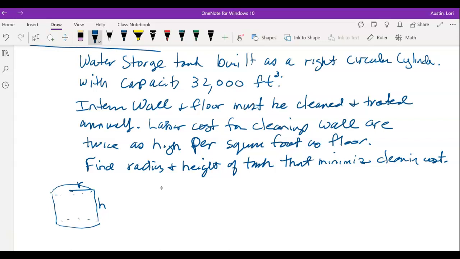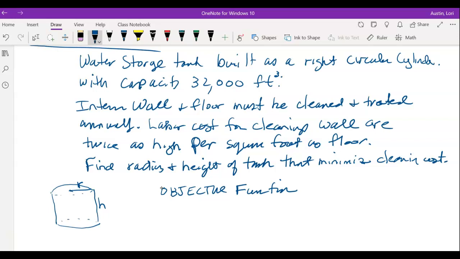So, let's talk objective function first. What are we maximizing or minimizing here? Cost.